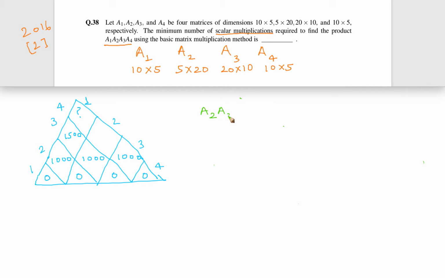One way is a2 and we firstly multiply a3 a4. Another way is we firstly multiply a2 into a3, and then the resultant matrix is multiplied with a4. For these two cases, let's count the number of scalar multiplications, and the minimum will be put here. Let's do it fast here.